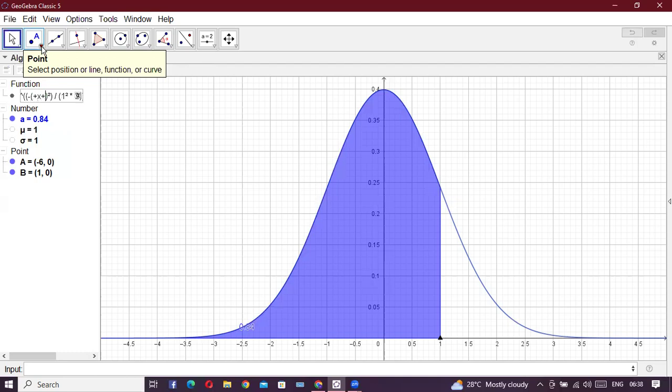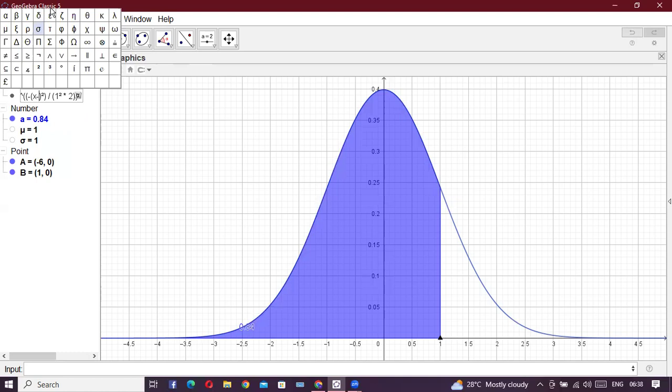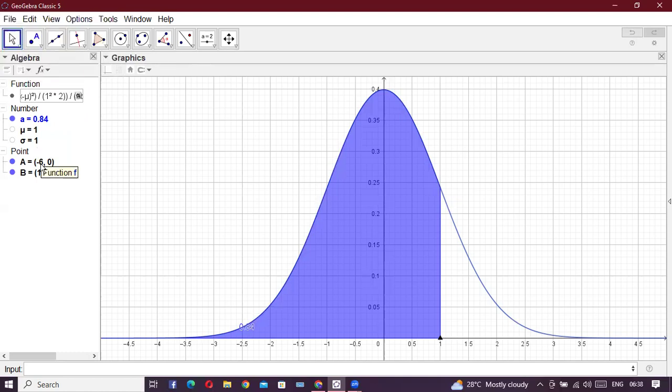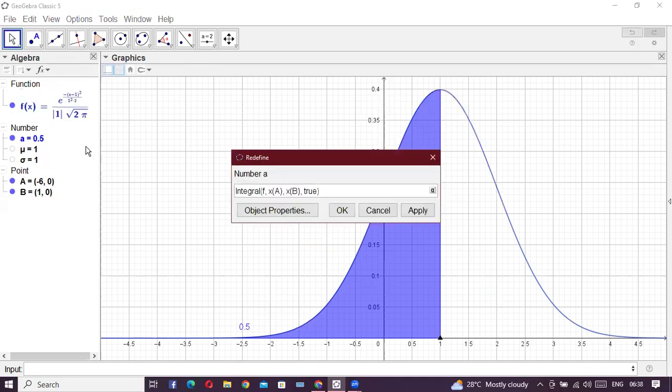So I will go to the x part and do x minus mu. Okay, then I'll hit enter. All right, so my sliders are created.